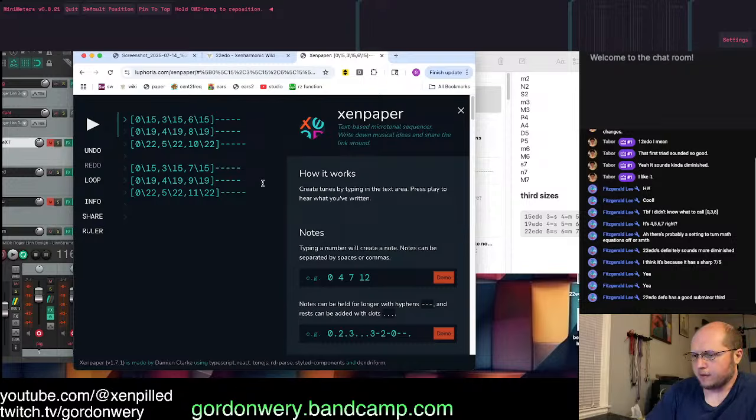Since 26 is basically just flat meantone, it doesn't have that structural ambiguity that 22 has, where super-Pythagorean starts to feel bad for diatonic. In 26, you don't really have that issue.